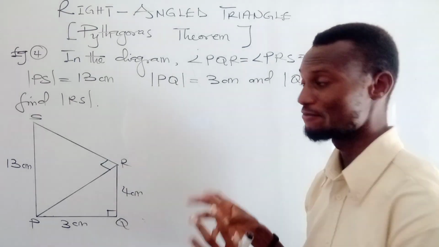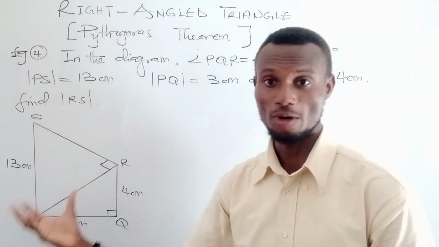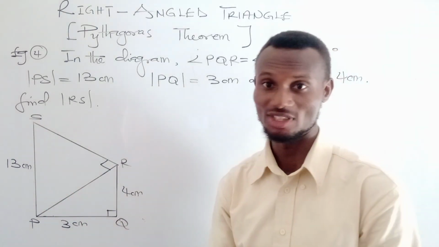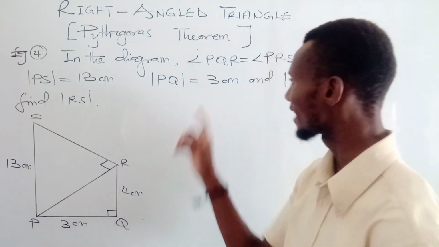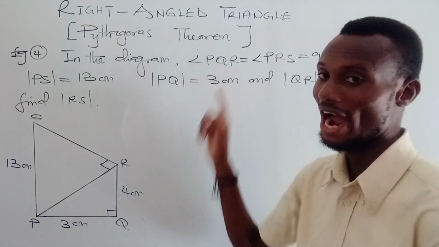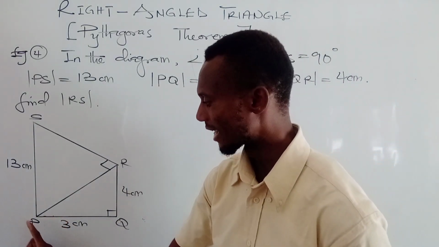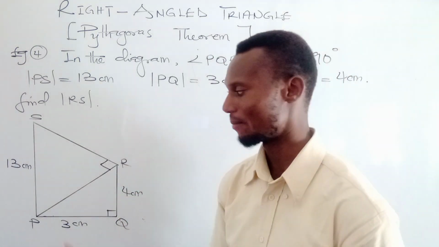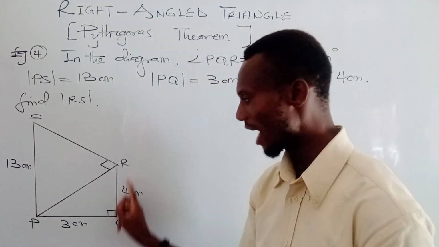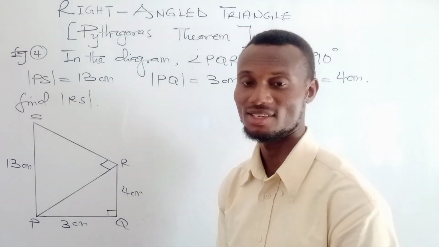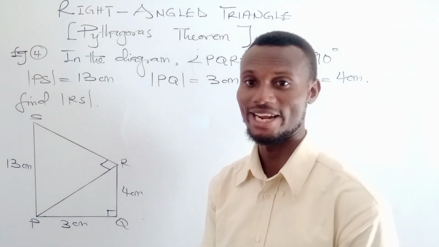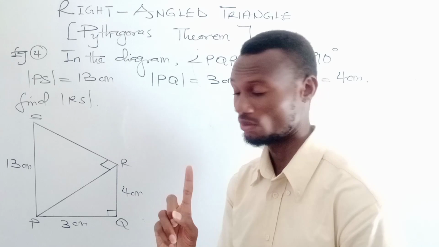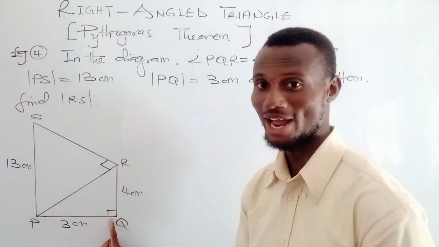So let's identify those angles from the diagram given, then we'll proceed. Let's start with angle PQR. So this is angle PQR. Let me go over one more time. We are concerned about the angle which is formed on the middle letter, which is Q. So this is the angle we are talking about.